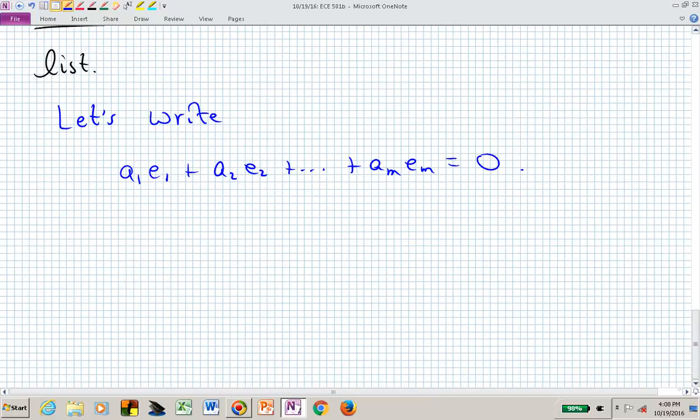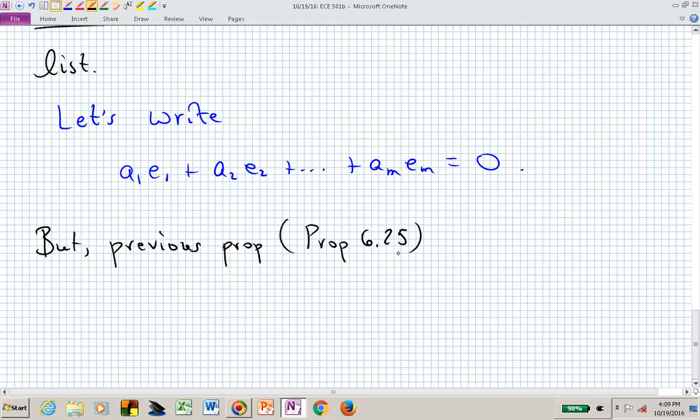But if we can write that, we can now use the previous proposition, proposition 25 of chapter 6. What happens if we now wanted to look at that?